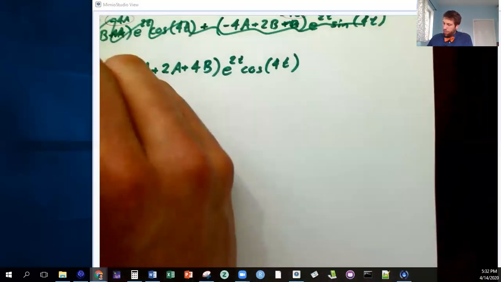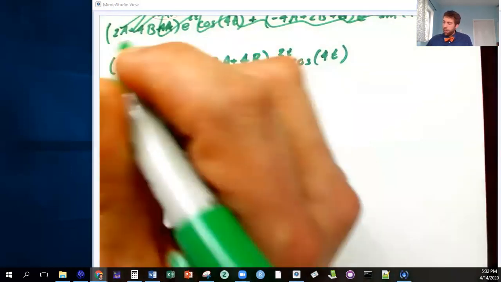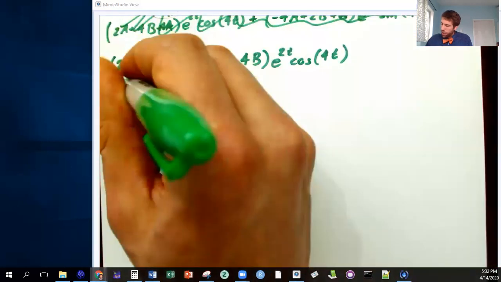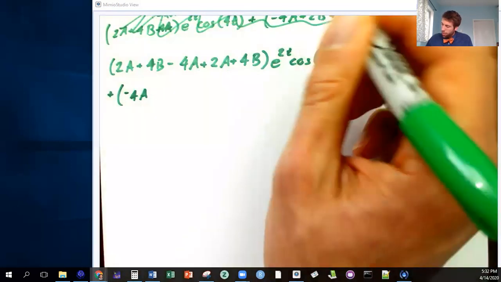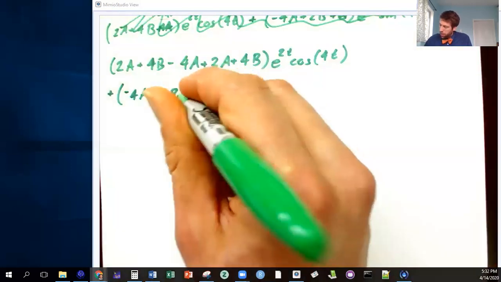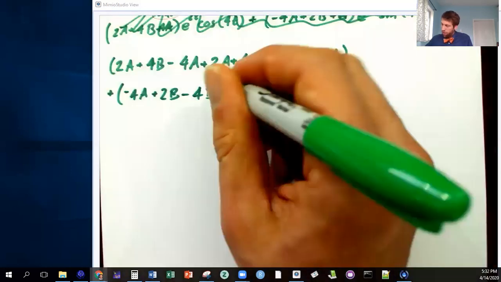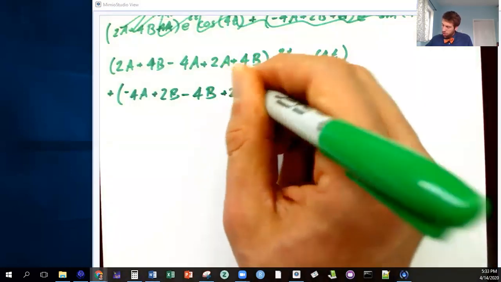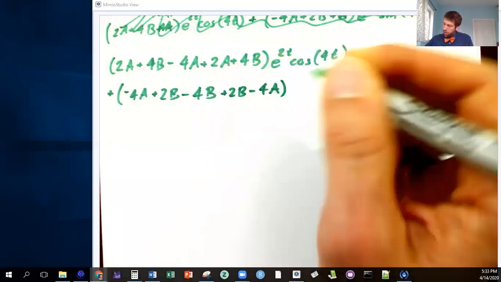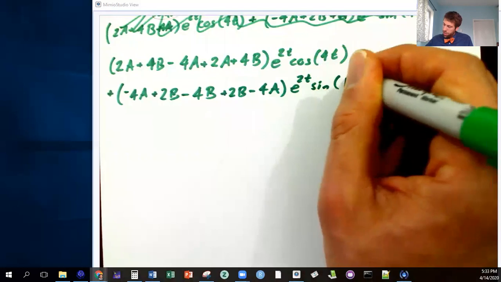And then, so then plus, maybe I'll just write each term on its own line. So then here I had negative 4a and plus 2b, and then minus 4b, and then I have 2b minus 4a times e to the 2t sine of 4t.